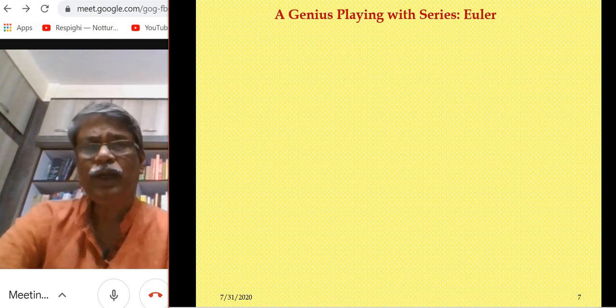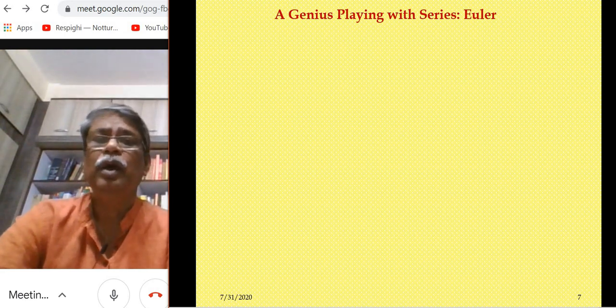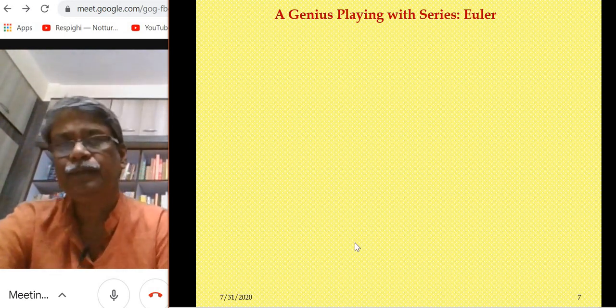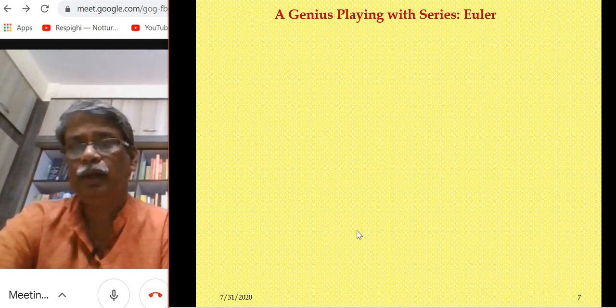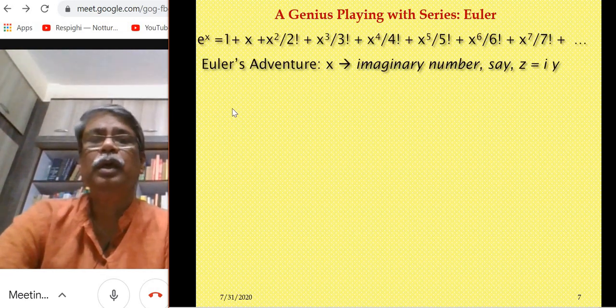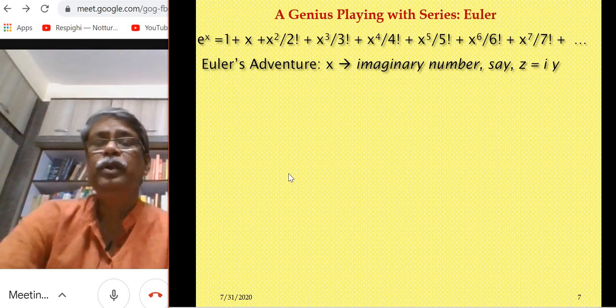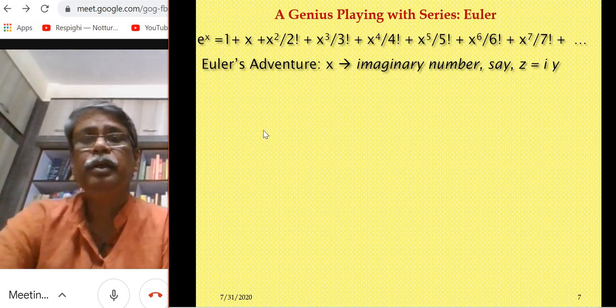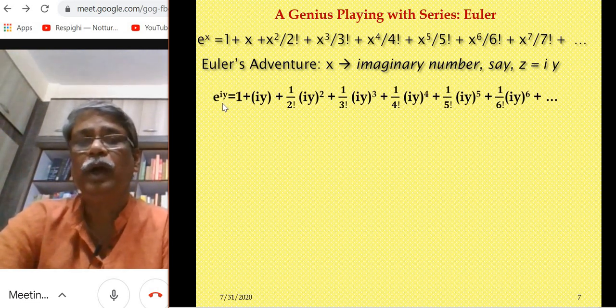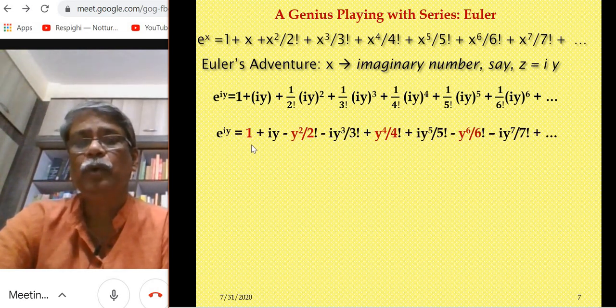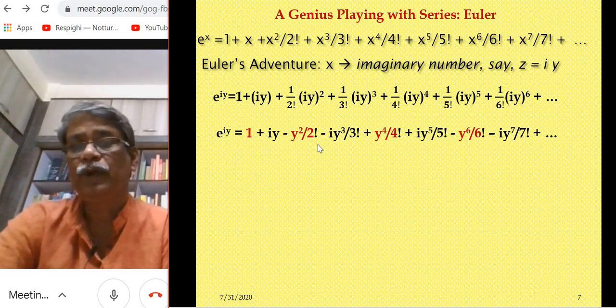So that is one thing we will explore again. But before that, I will very quickly get the outline of how Euler got this beautiful expression, again starting from the Taylor and Maclaurin. So as I have shown you, e to the power x is this kind of expansion, and what Euler did, he replaced this x by some iy, some imaginary quantity, so e to the power iy, right? And you just replace x by iy, so x square, that means iy whole square, and so on. So as you know, i square is minus 1, and accordingly you get e to the power iy is 1 plus iy minus y square by factorial 2, and so on.